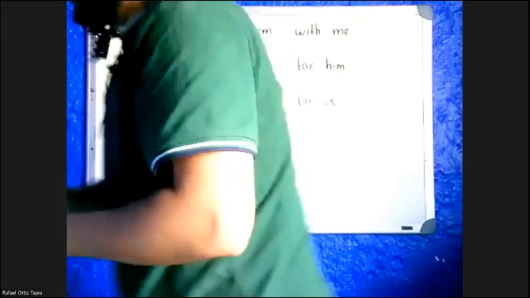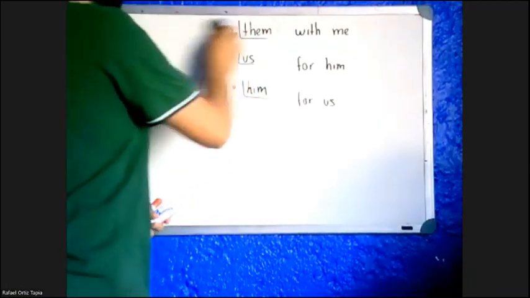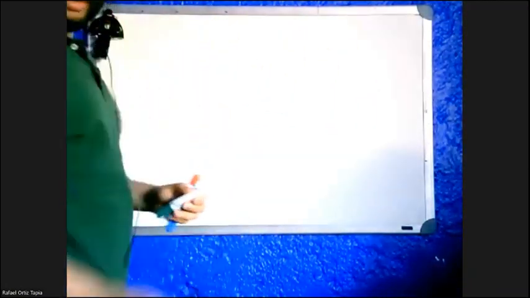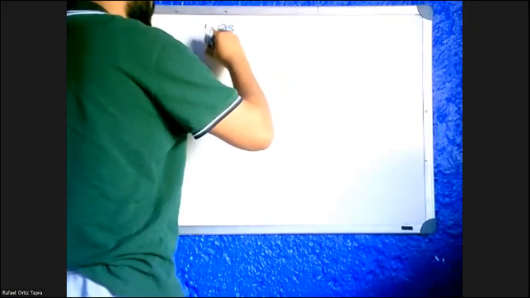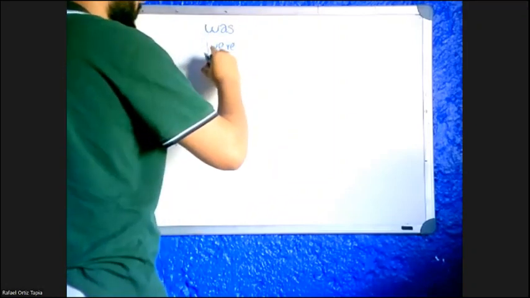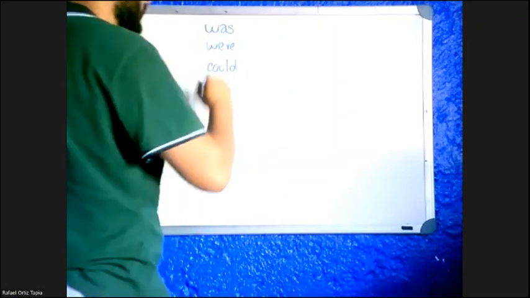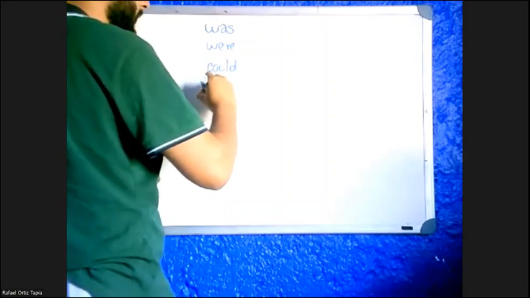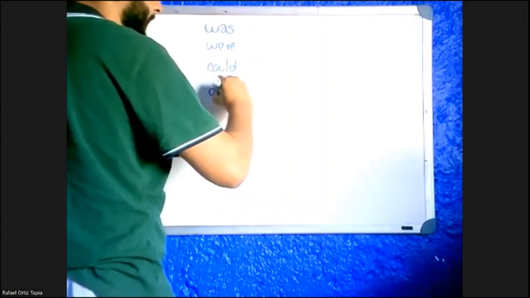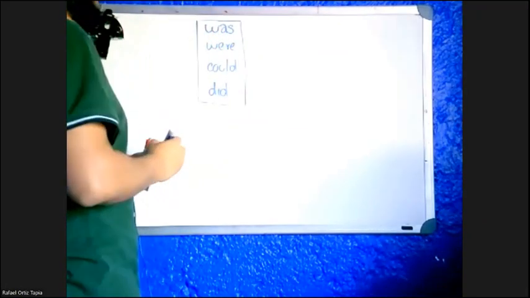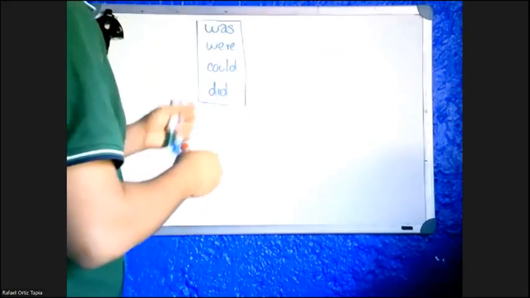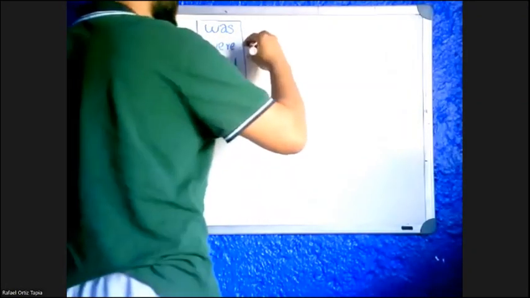But the difference is that when you want to use simple past, you need to have in mind that you are going to use was, were, could, and did, right? All those auxiliary verbs conform or shape, forman, ¿no? Le dan forma a simple past.